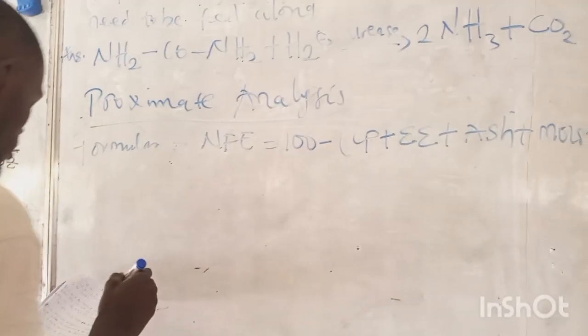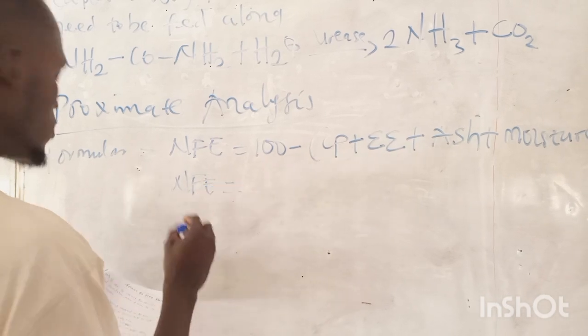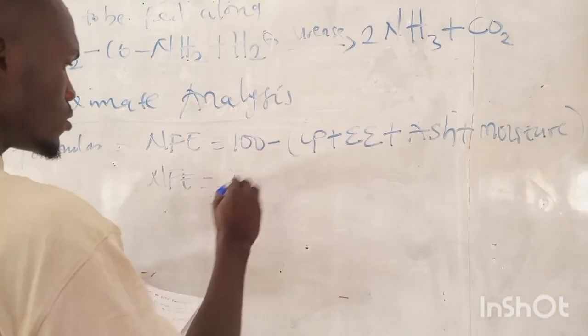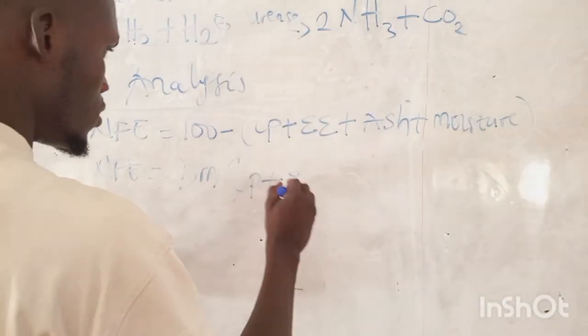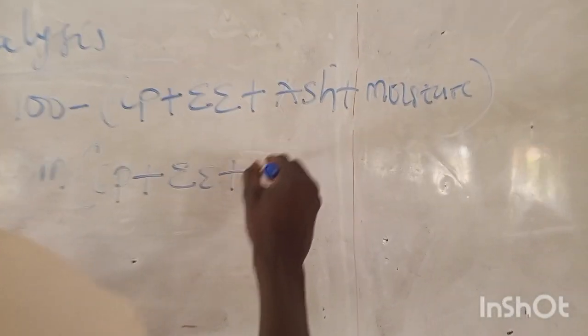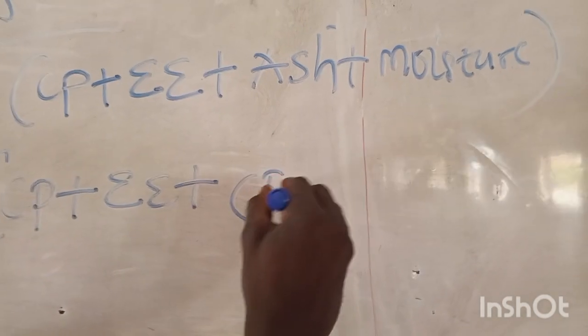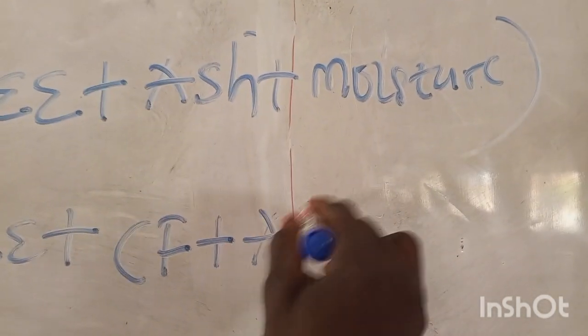That is number 1. Then the second one is NFE is equal to DM open bracket CP plus EE plus CF plus ash.